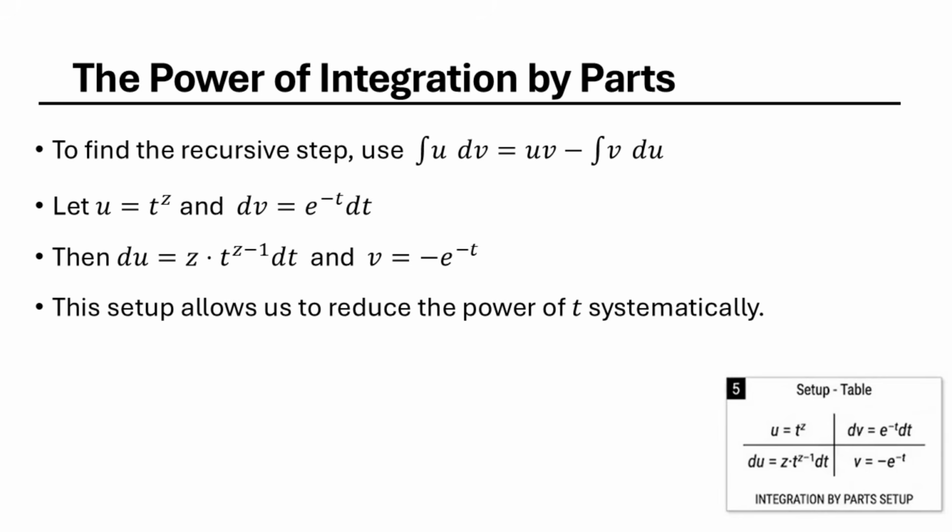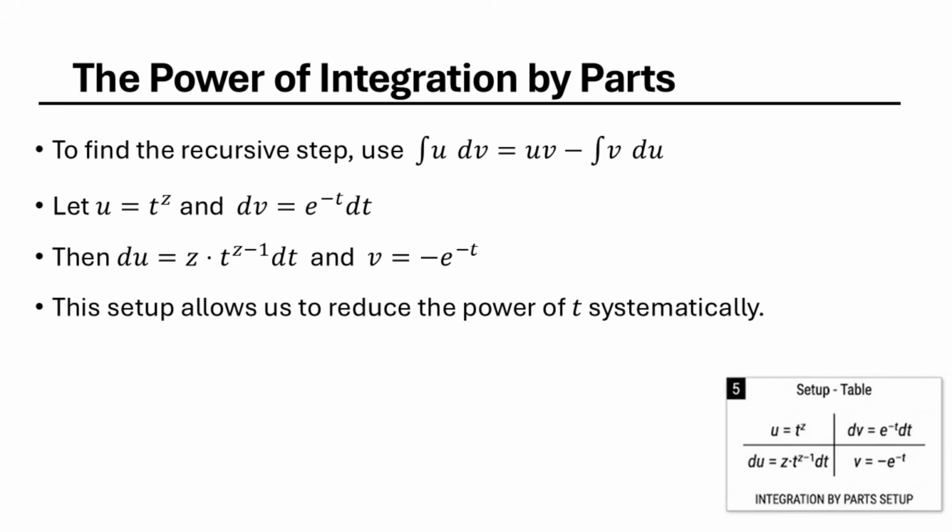Now we need to prove the recursive property. This is where the magic of integration by parts comes in. We want to show that gamma of z plus 1 equals z times gamma of z. By definition, gamma of z plus 1 equals the integral from 0 to infinity of t to the power of z times e to the power of negative t.